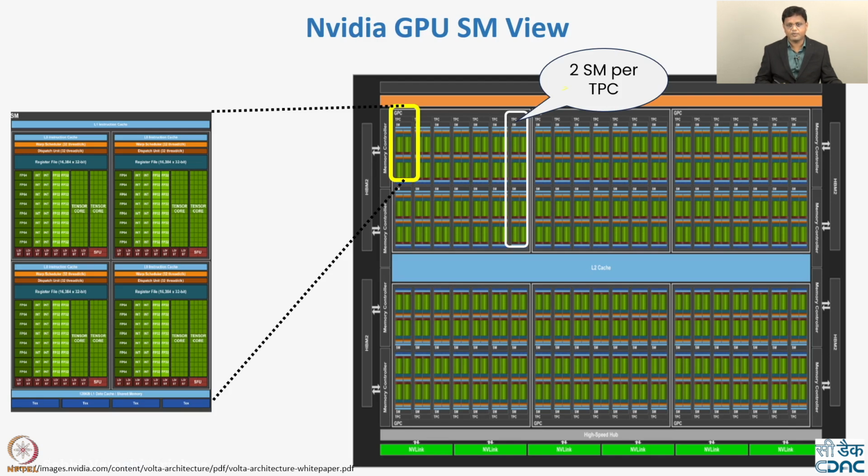If we look inside the TPC, you can see that it is divided into 2 sections, and these 2 sections are known as SM, streaming multiprocessor. So there are 2 streaming multiprocessors per TPC, and here I have just shown the enlarged view of one SM.